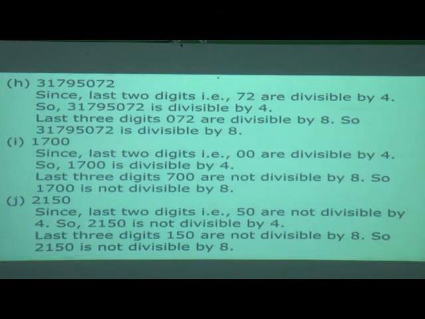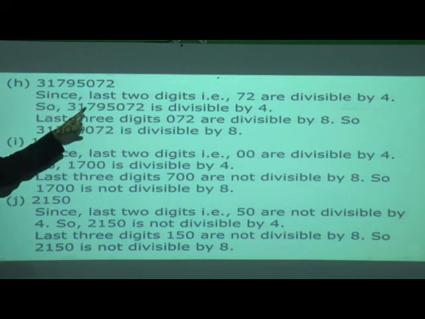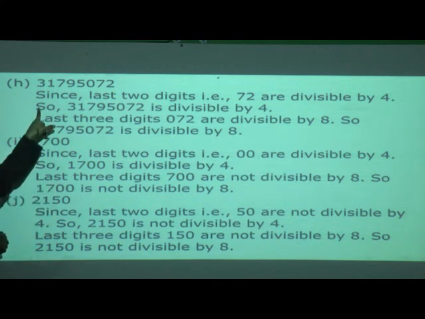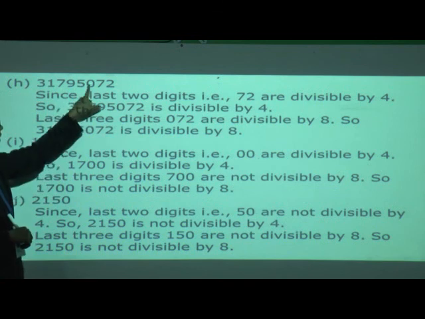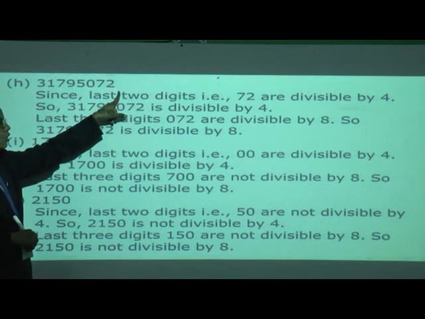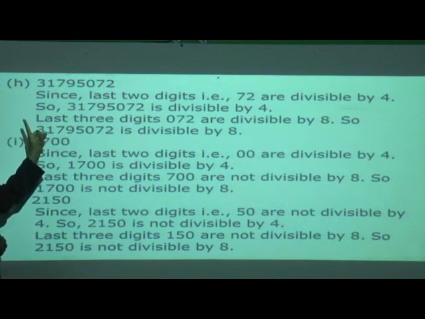Let us see the next sums. Again we have a large number here. Since the last two digits, 72, are divisible by 4, the number is divisible by 4. Now we take the last three digits, 072. 072 is divisible by 8.